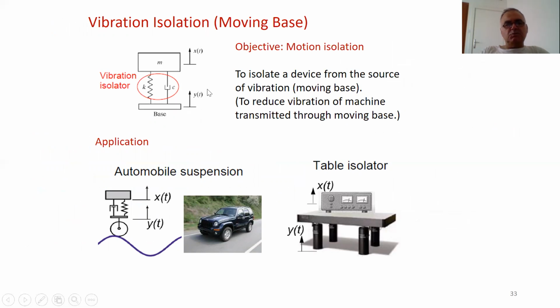So our objective is to isolate the motion, and to isolate the device from the source of the vibration, we want to design a vibration isolator, a spring and a damper. An example is an automobile suspension system. Or if you have a delicate instrument and you want to isolate it from the ground motion, you might want to design a table in which the vibration is not transmitted to your sensitive device.